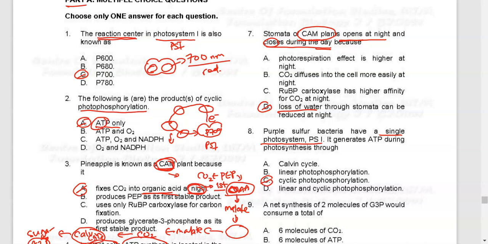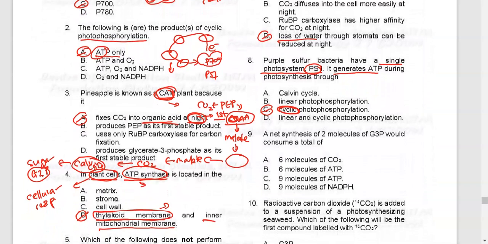Because the bacteria only has photosystem 1, the electron will flow in a cycle, from photosystem 1 through the electron transport chain and back to photosystem 1 to produce ATP molecules. So the electron flows in a cycle from P700 and back to P700 of photosystem 1.